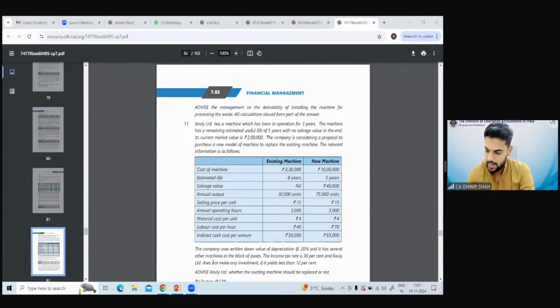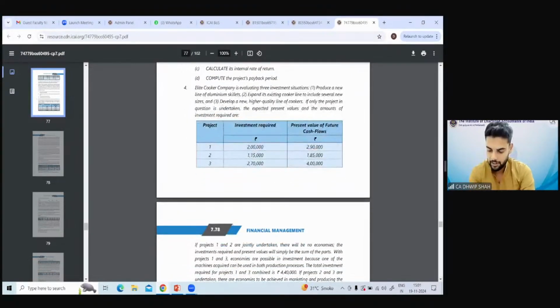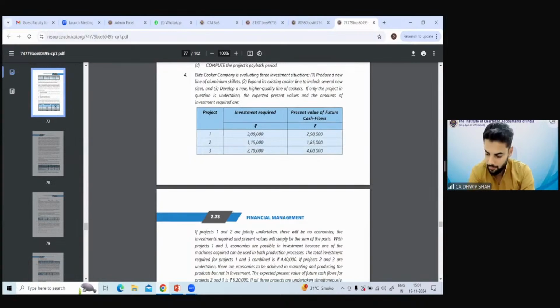To start with, let's start with question number 4 of the module. Practical problem, question number 4 from your module. Everyone with me? Can we start now? Elite Cooker Company is evaluating 3 investment situations.